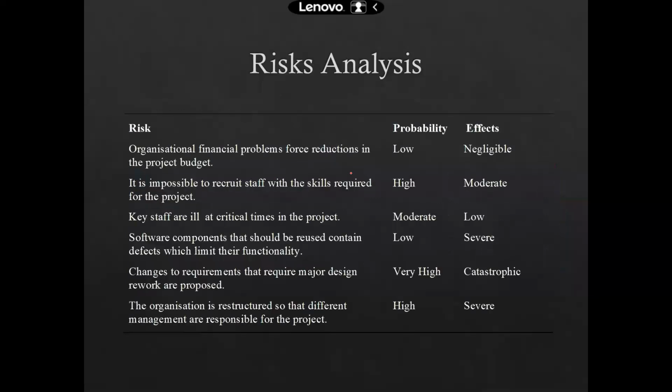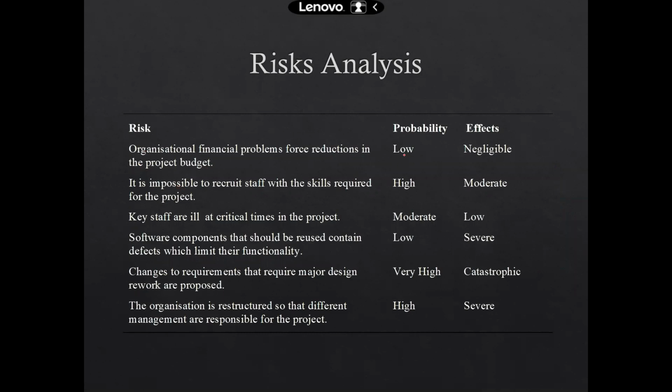Moving onwards, now it's time to list down all the risks. I will personally suggest that you list down all the risks that you might have in an order. For example, in this section, we have organizational financial problems, forced reduction in project budget.